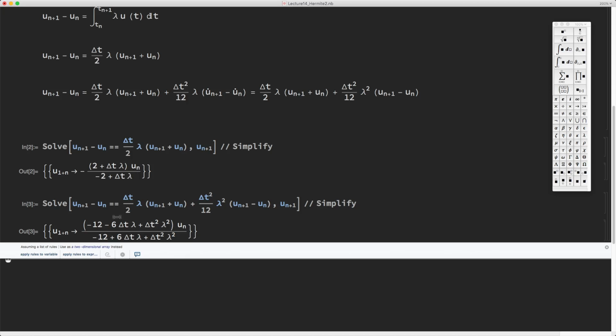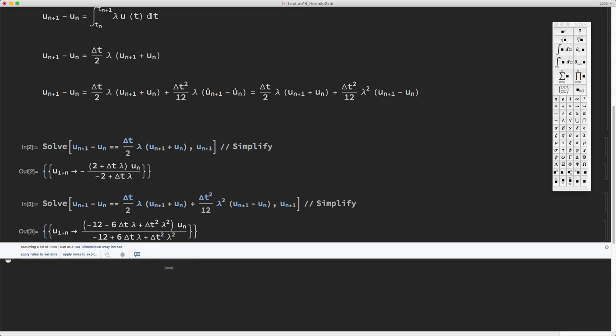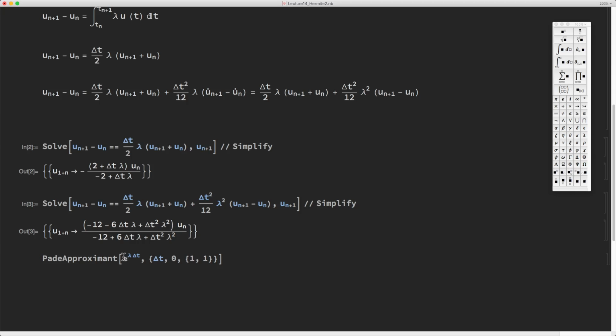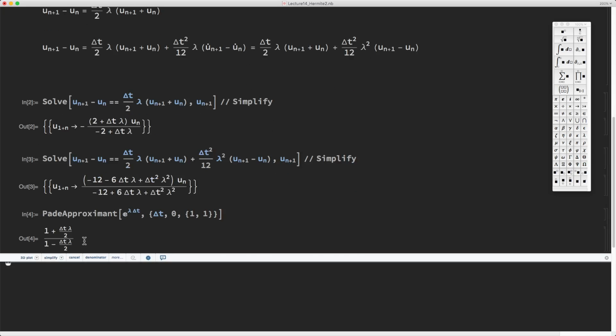Before we implement this scheme and evolve numerically, let me just point out what this means. If I calculate the Padé approximant of the function e to the lambda delta t, and I ask for the 1, 1 approximant, then Mathematica can automatically calculate this approximant.